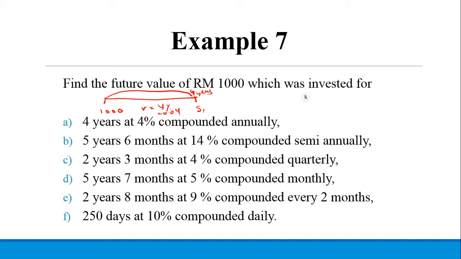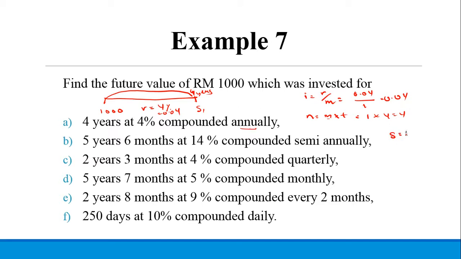First I find I equals R divided by M, which is 0.04 divided by 1, since compounded annually, so 0.04. N equals M multiplied by T, the frequency is 1 annually, multiplied by 4 years, equal to 4.